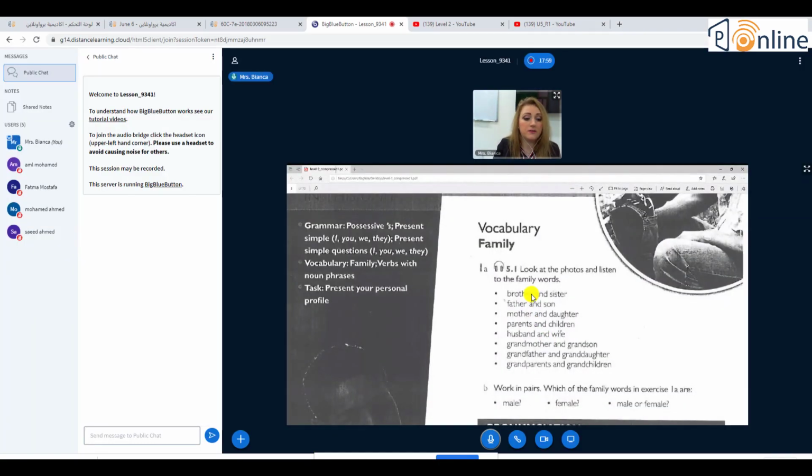Alright, so here it is, vocabulary: family. Look at the photos and listen to the family words. This is exactly what we did. Now, brother and sister, father and son, mother and daughter, parents and children, husband and wife, grandmother and grandson, grandfather and granddaughter, grandparents and grandchildren.